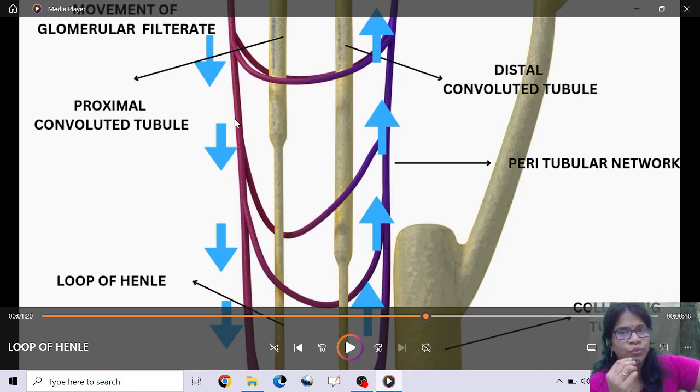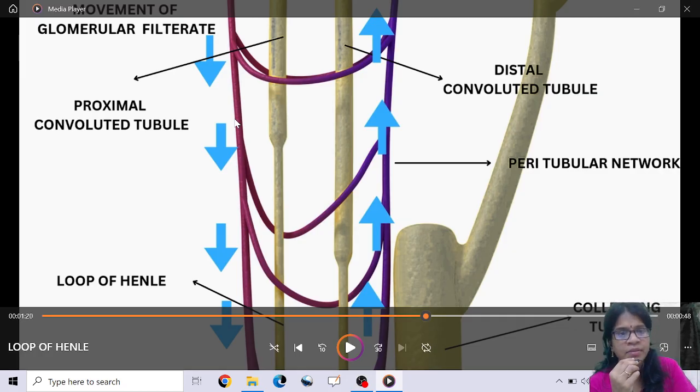Once it has gone from the lumen of your Bowman's capsule into the proximal convoluted tubule, there will be a maximum reabsorption of water. That means all the amino acids, all the glucose, sodium and potassium ions are reabsorbed into your blood.